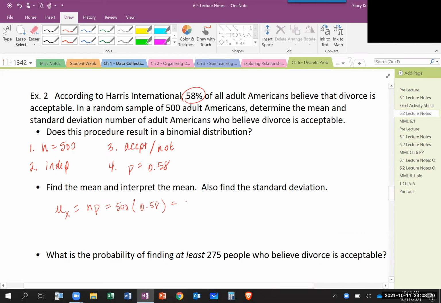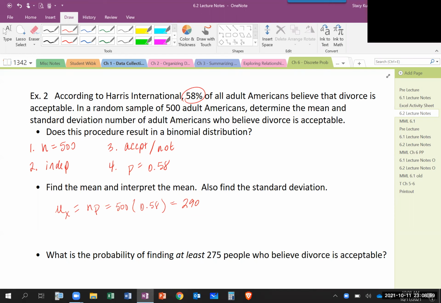And to the nearest whole person, what do we have? 290. That's right. 290. We would expect then on average, if 58% of adult Americans, if 58% of people believe divorce is acceptable, in a group of 500 people to find about 290 of them believe divorce is acceptable.